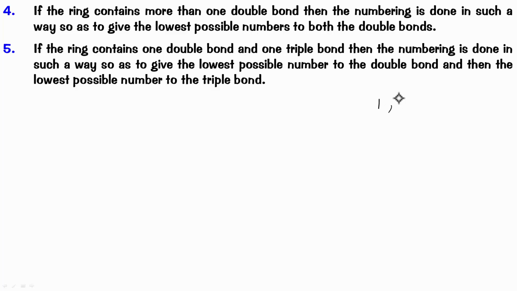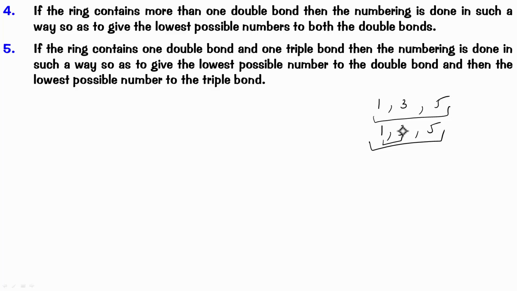If I number the triple bond next, I get 3, and if I take the double bond next, I get 5. And let's assume that if I number one of the double bonds as 1, the other double bond is 3, and then the triple bond gets 5. So if the numbering is the same, then we will prefer to give both double bonds the lowest number.